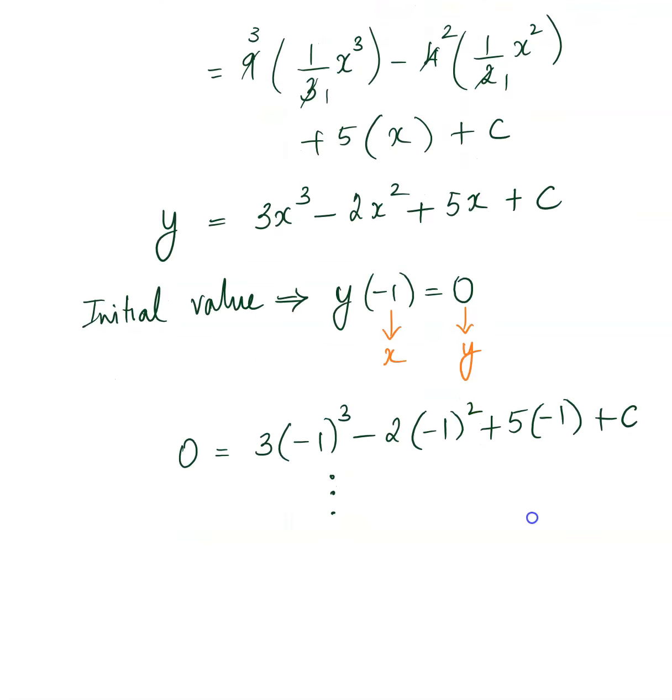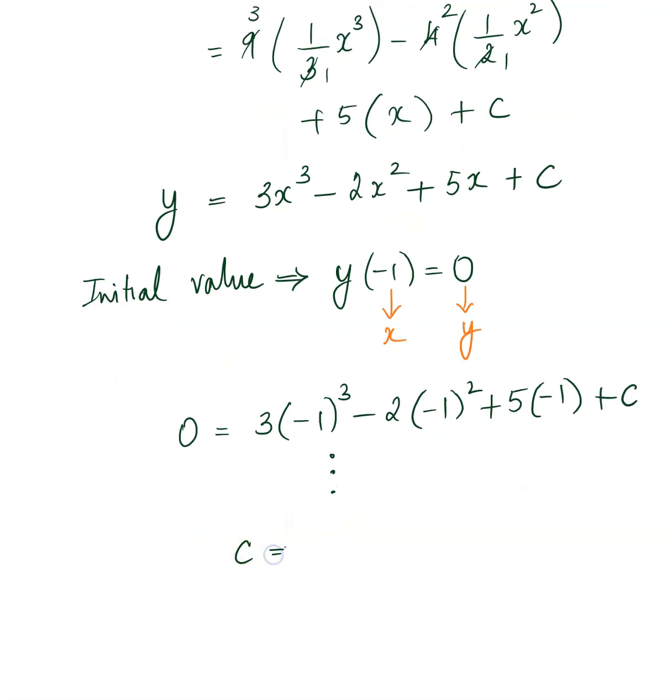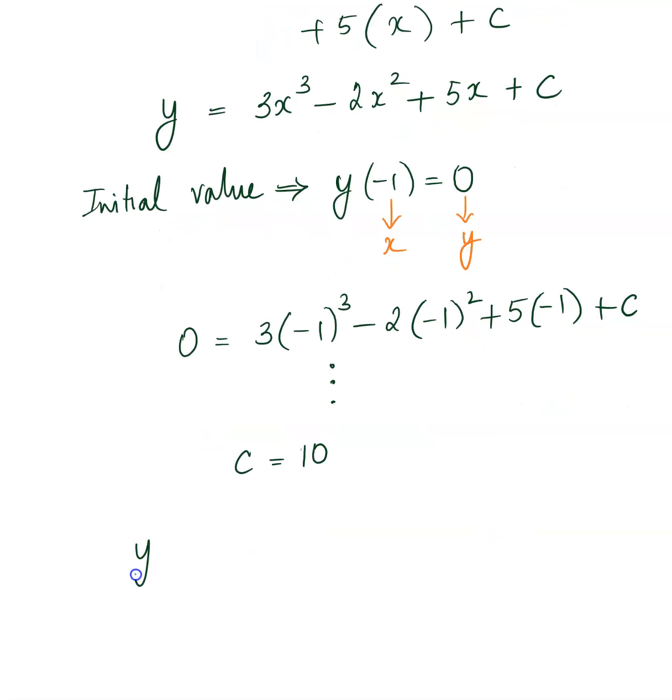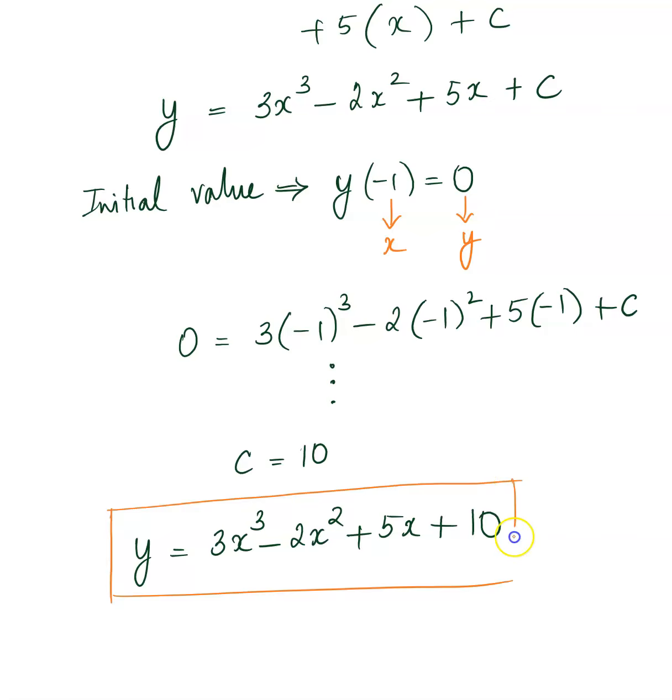After some algebra, c comes out to be just a 10. Something to do with a 10, but these questions have the c as 10. And that is your specific solution.